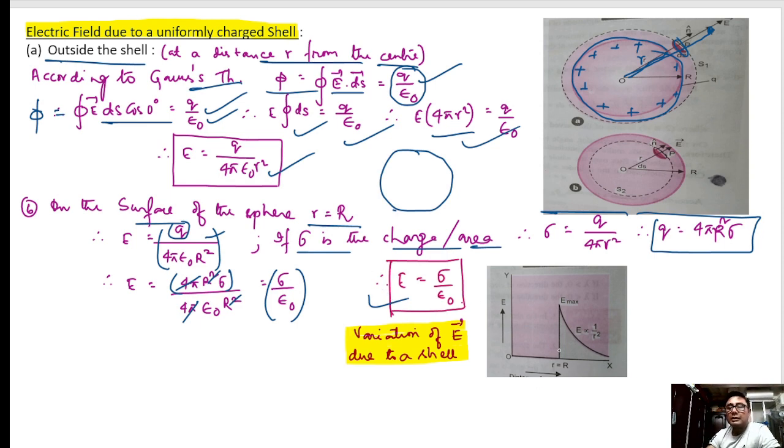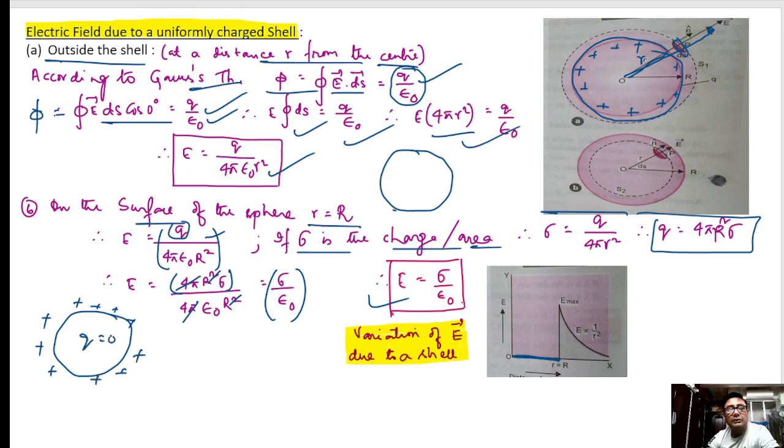Okay, so watch here. At a distance r less than R, as you can watch here, the electric field is 0. Why? Because it is a shell and the total charge is concentrated on the surface. That means there is no charge inside.